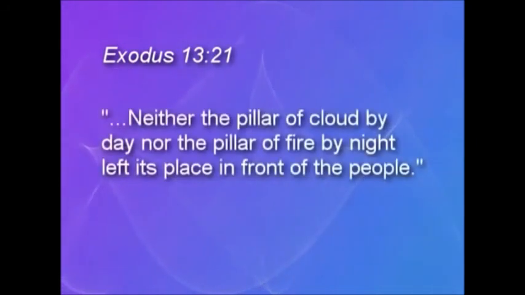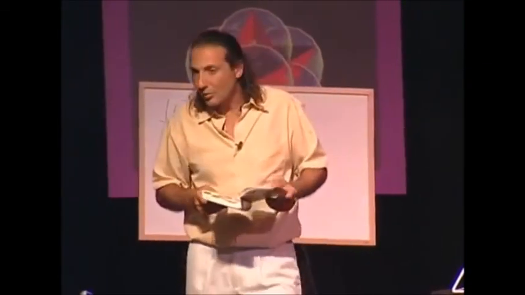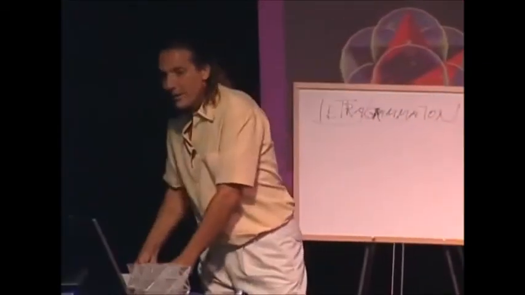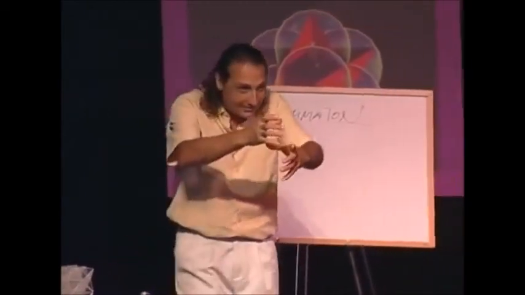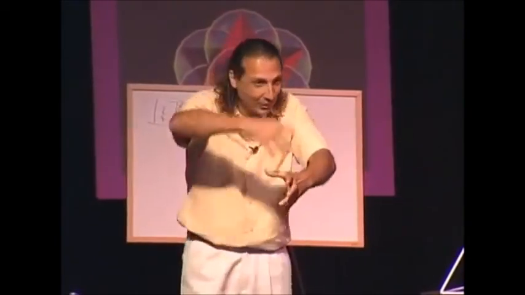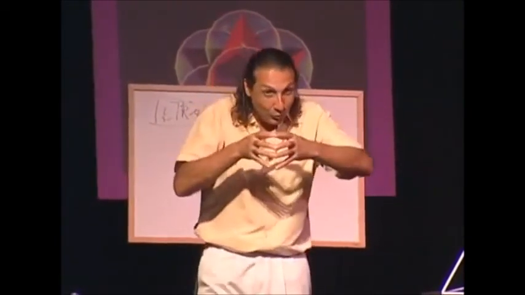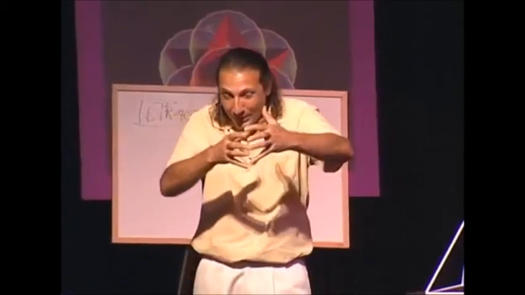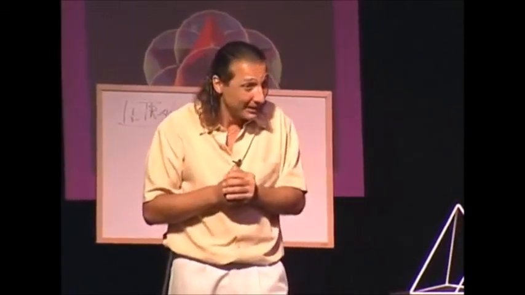Neither the pillar of cloud by day, nor the pillar of fire by night left its place in front of the people. So it's describing Moses following this vortex of cloud, and at night it would light up, this vortex of fire, through the desert going towards the Red Sea.